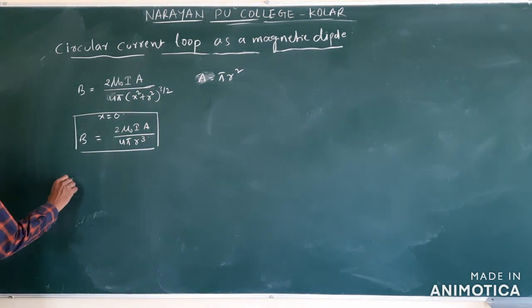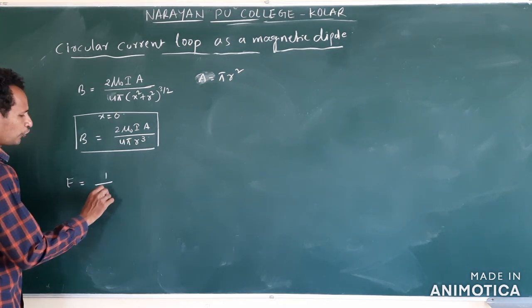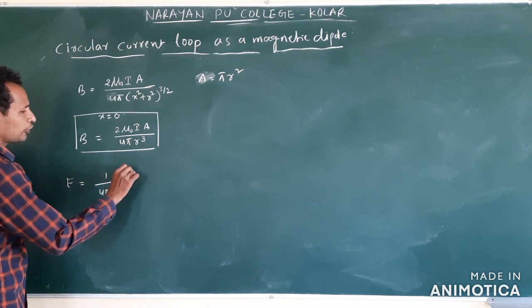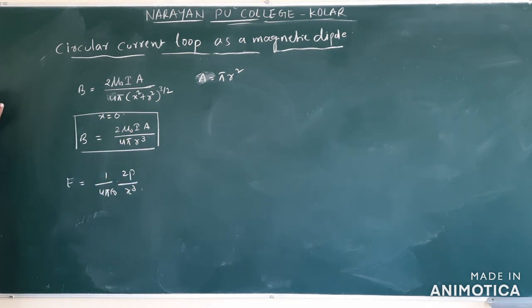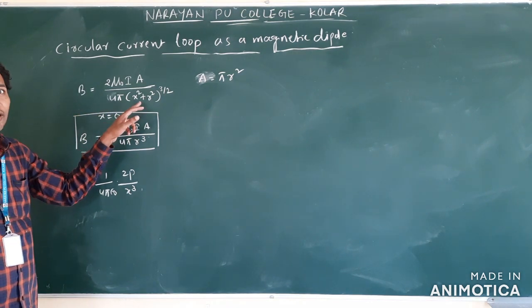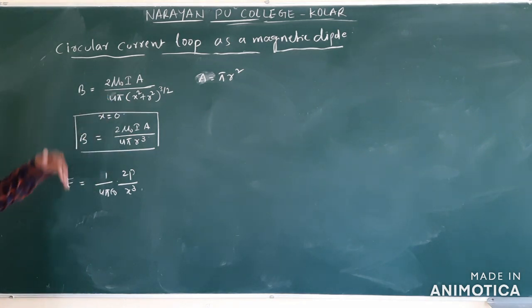Now the same, if you take the electric field due to a dipole, for a short dipole, we have 1 by 4 pi epsilon naught, 2p by x cube. Clear? For a long dipole, again you will get terms like x square plus r square whole power 3 by 2.